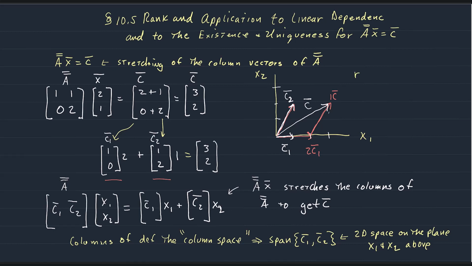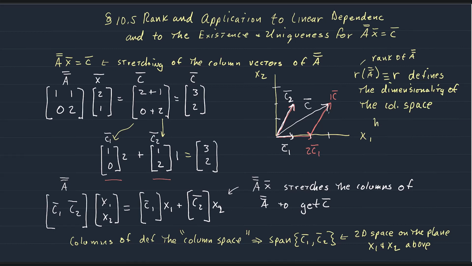Another concept is that the rank of A, which we'll define as R, defines the dimensionality of the column space. And here, the rank of A was equal to 2.